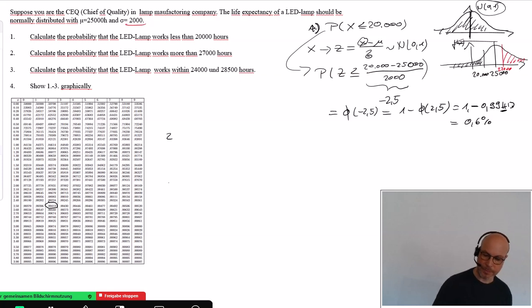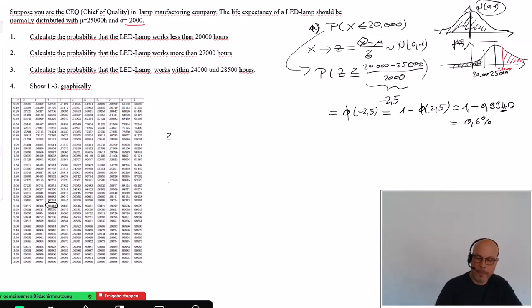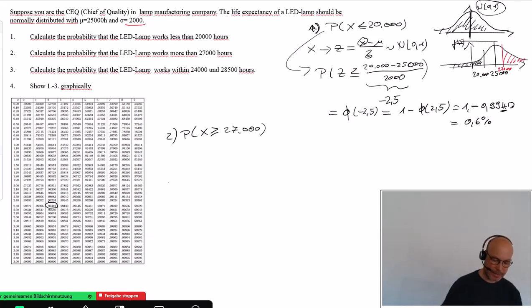So number 2, we obtain that the probability of x larger than 27,000, again taking z, the probability of z larger than 27,000 minus 25,000 over 2,000.